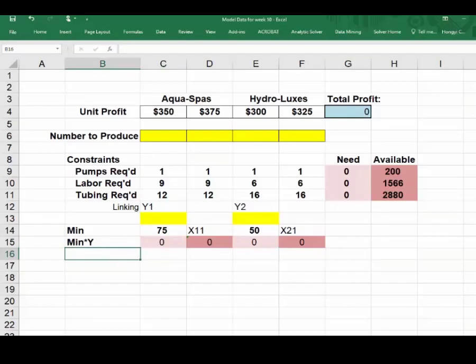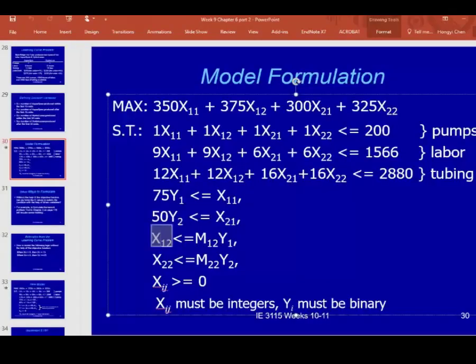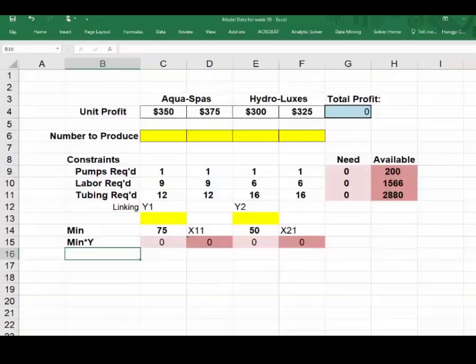Now next we're going to implement these two. For these two, it's a different x. It's the x12, and it needs to be less than or equal to the big M times the y. We'll put the big M, and here is the M multiplied by y.